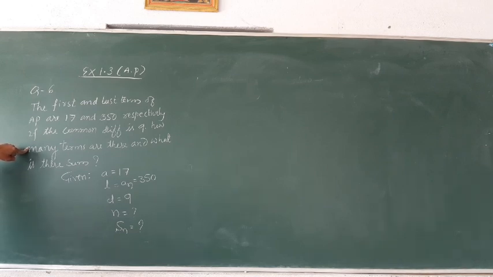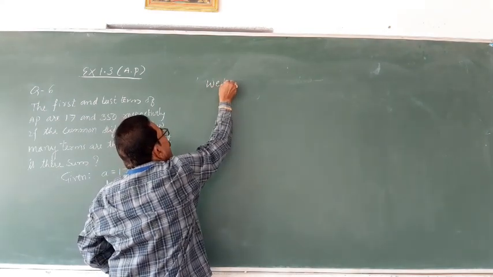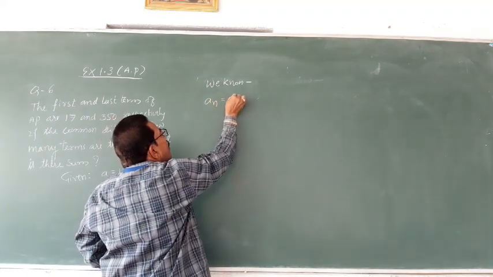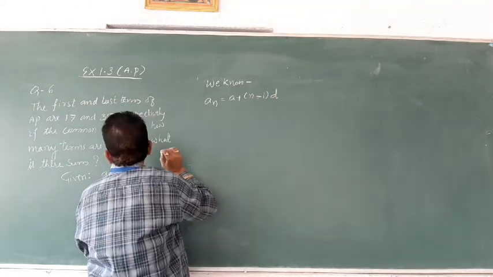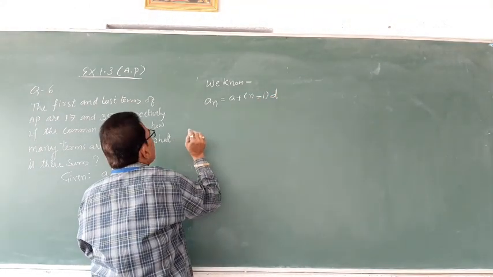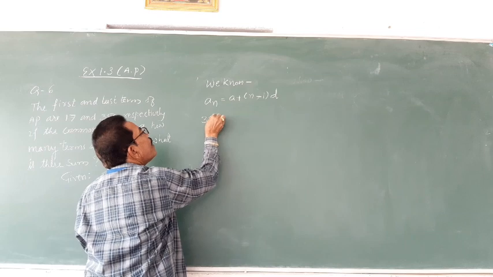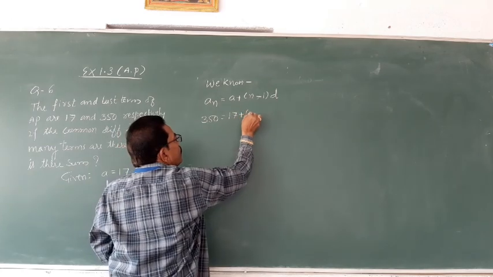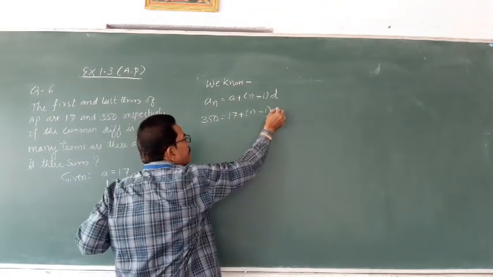See, as usual, let us find first n. So by using a plus n minus 1 into d. a and last term 350 given. a is 17 plus n minus 1 into d. d is given, that is 9.